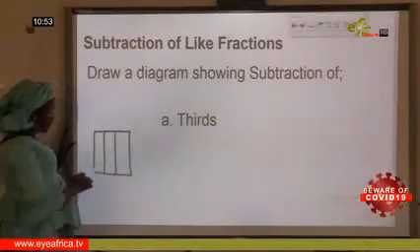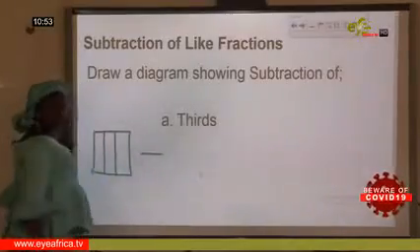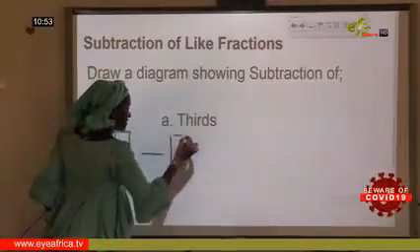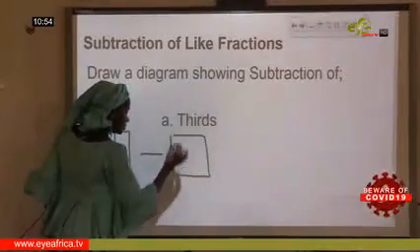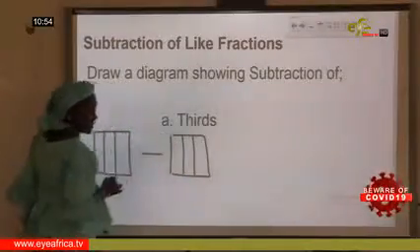For thirds, using the diagram, this is a third because it is a whole being divided into 3 equal parts. And this is the symbol for what? Subtraction. We have another third, a whole being divided into 3 equal parts.